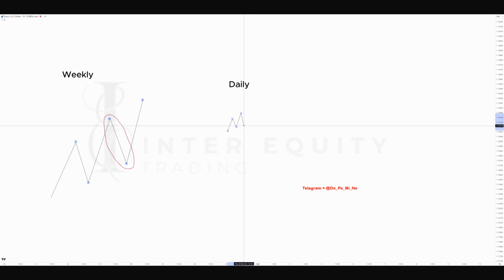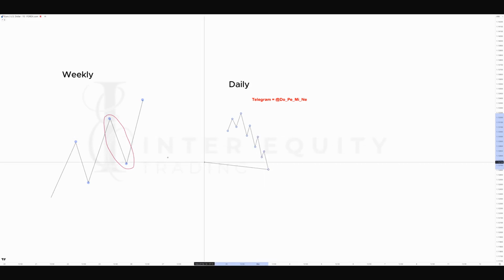And now to make that higher low on the weekly, price actually turns bearish on the daily and it breaks structure to the downside, printing lower lows and lower highs, right? Going all the way down towards that weekly higher low, right?